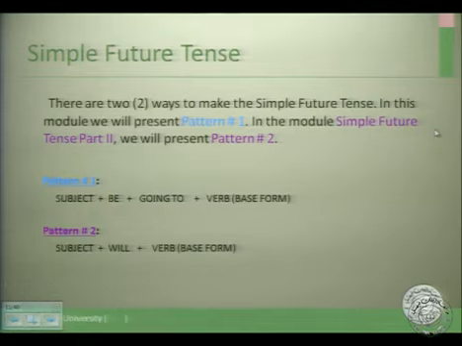Well, the easy answer is there is no difference. And for those people who want to be experts in the English language, in my view, there is a slight difference between going to and will.